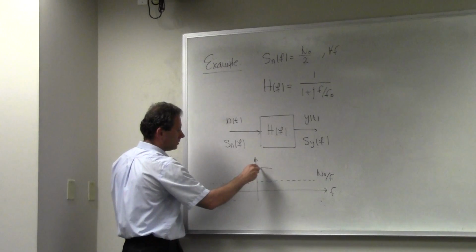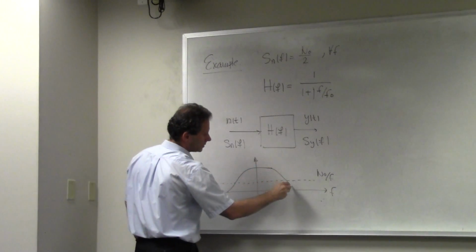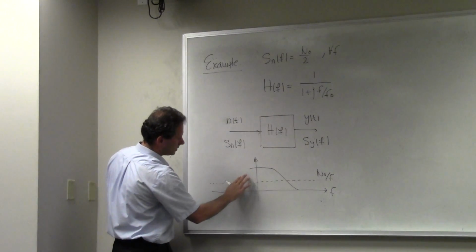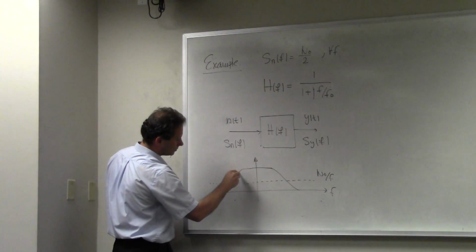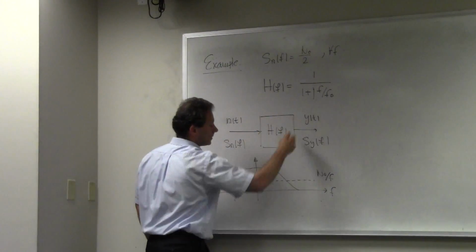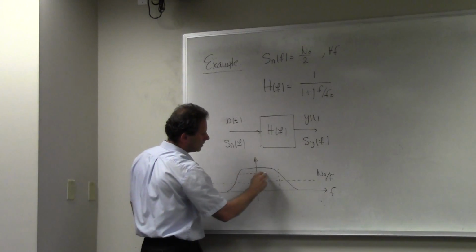Your filter looks like this, right? It's a low-pass filter, so it has this kind of characteristic. It's obviously symmetric, but I don't know how to draw it nicely on the board. And then at this f0, your magnitude goes 3 dB down.